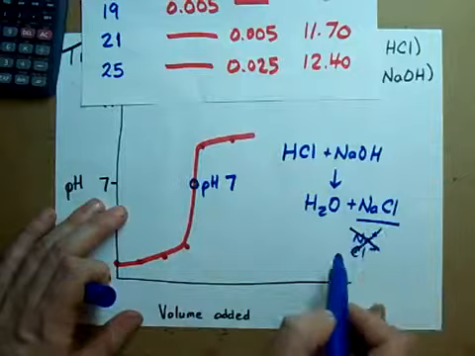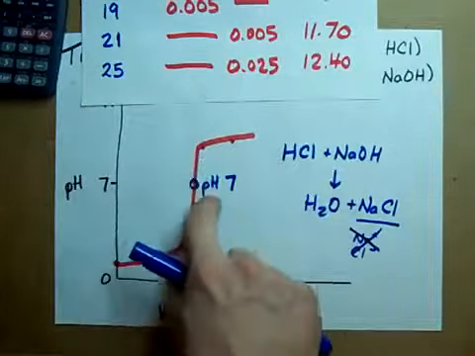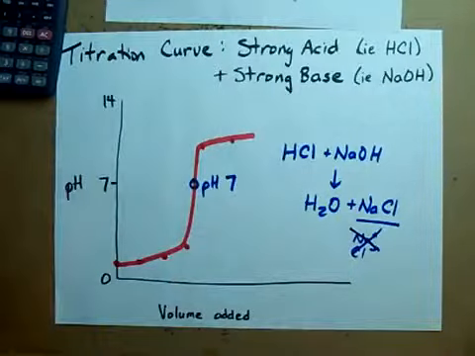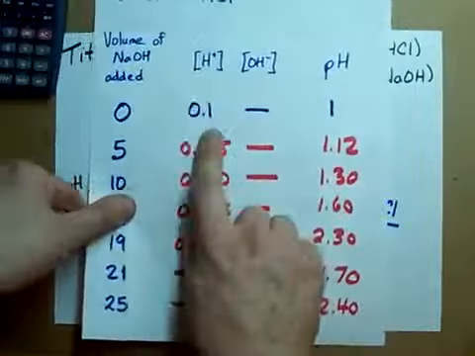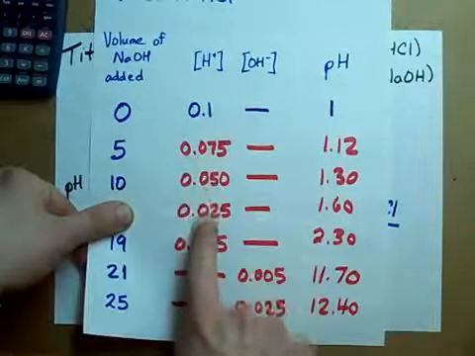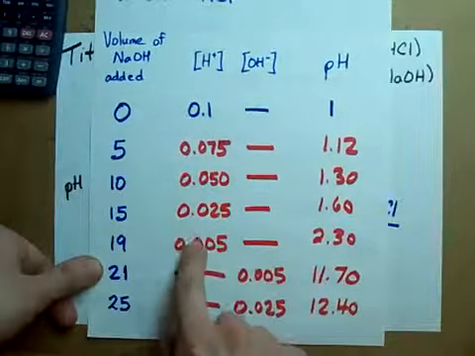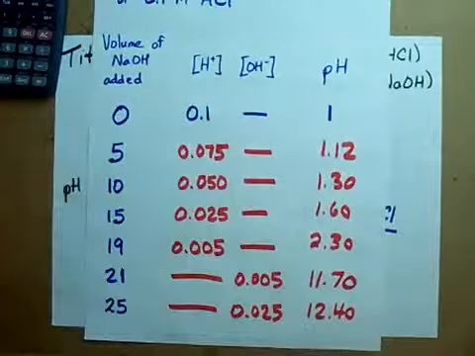These do not affect the pH of a solution. The pH is exactly 7 when you titrate a strong acid with a strong base. And the curve looks like this because you titrate your acid away, and then as soon as you reach equivalence, bam, you go from acidic to basic, like that. Best of luck in your own calculations.